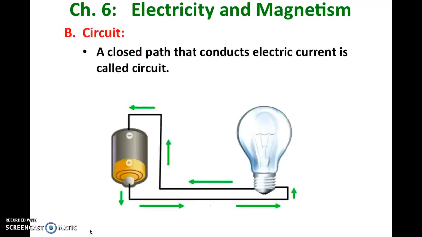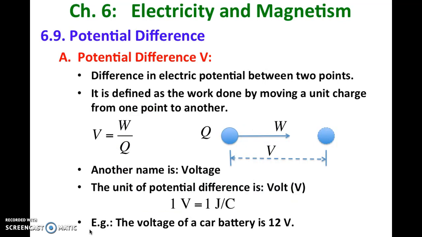A circuit is a closed path that conducts electric current. A battery can do work to move charges and thus drive a current through a circuit. The work done by moving a unit charge from one point to another point is defined as the electric potential difference between the two points, denoted by V, with another name as voltage.